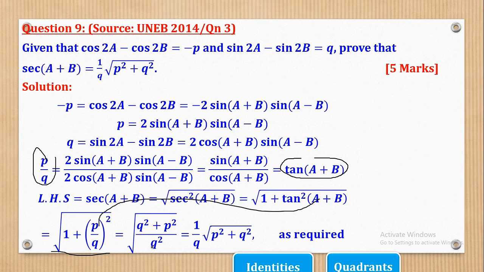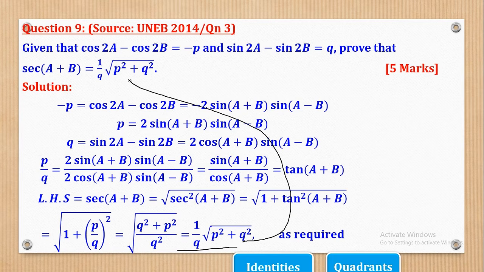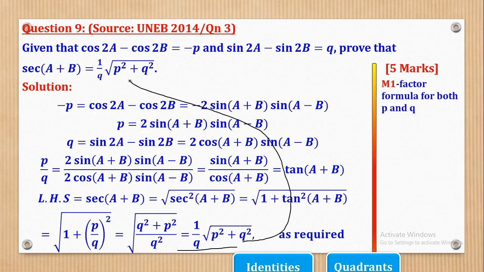Then get LCM. After this LCM, you realize that this 1 over Q squared can come out to become 1 over Q, which is this. Then inside the square root there will remain Q squared plus P squared, which is that. And if you realize, this was the required expression. So basically that's what they wanted.